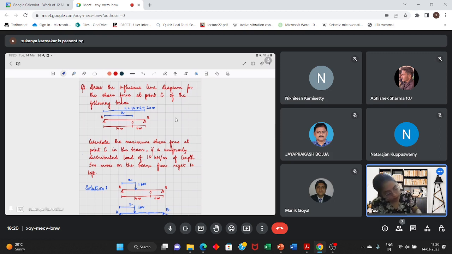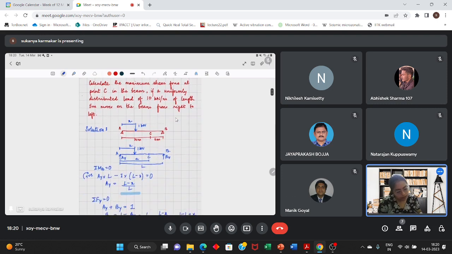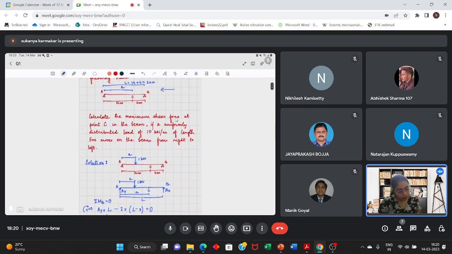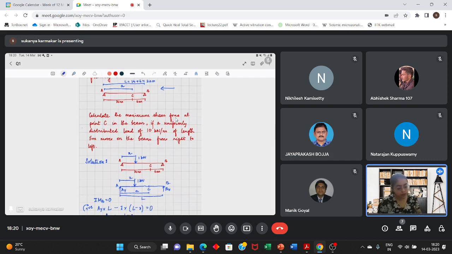Sorry, from right to left. It is moving in this direction. This is the direction of the load, and the length of the UDL is 5 meter.